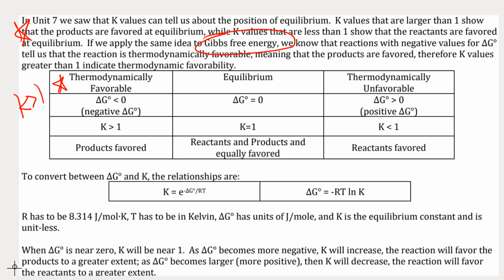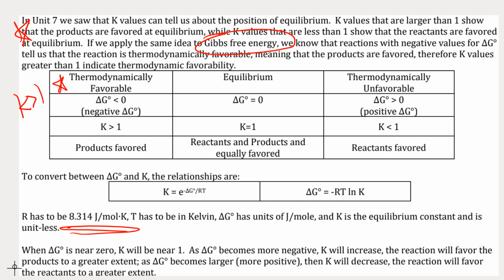You may remember one from gases, 0.08206. This one is 8.314 joules per mole Kelvin. So your T needs to be in Kelvin, your Gibbs free energy needs to be in joules per mole, and K is your constant and is unitless.